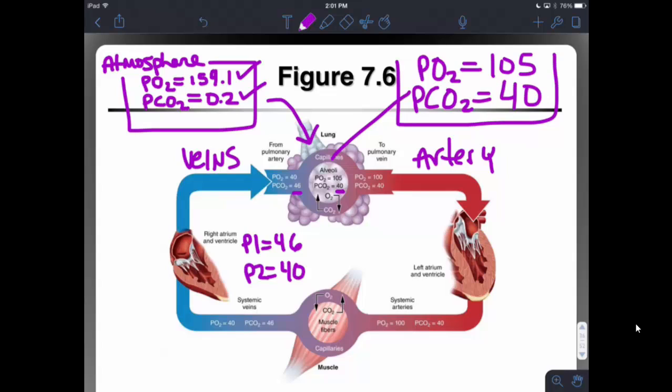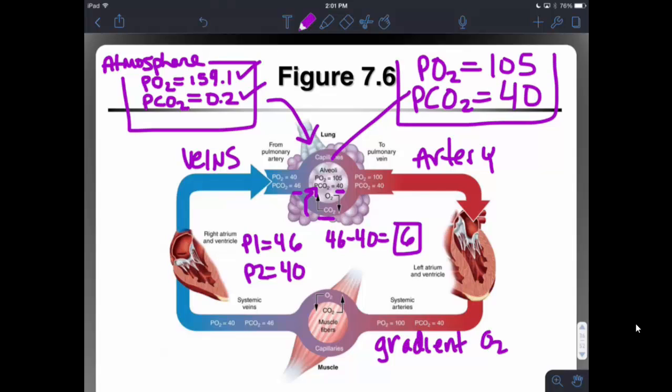The pressure is higher in this venous blood that's coming into the capillaries than it is in the alveoli, and therefore CO2 moves from the blood into the alveoli. The gradient is P1 minus P2, which is 46 minus 40, so we have a gradient of 6.